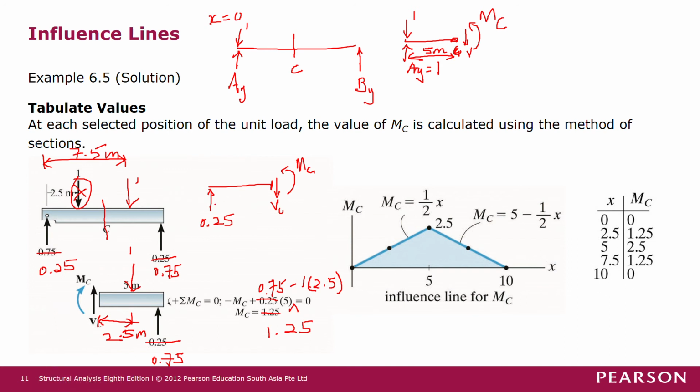We have 5 meters here. So when we sum moment at joint C, we have MC minus 0.25 times 5 equals 0. So MC equals 1.25. So both ways we get the same answer. This MC is the same as this MC.